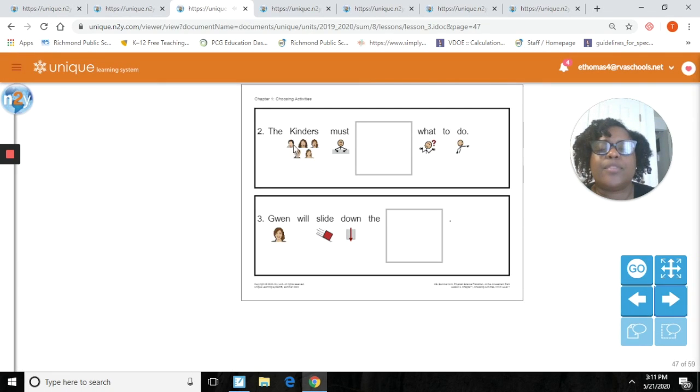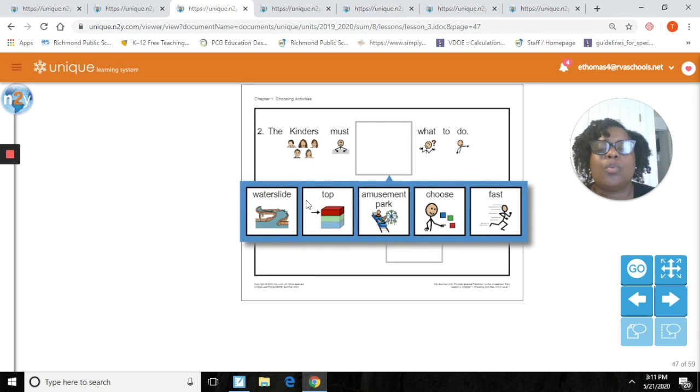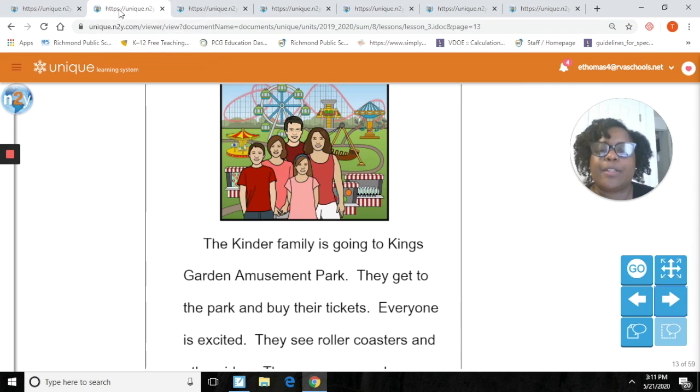All right. So our next question says the Kinders must blank what to do. Let's look at our choices. Water slide, top, amusement park, choose, fast. Make a choice. Okay, let's use our story to help us figure out the answer.